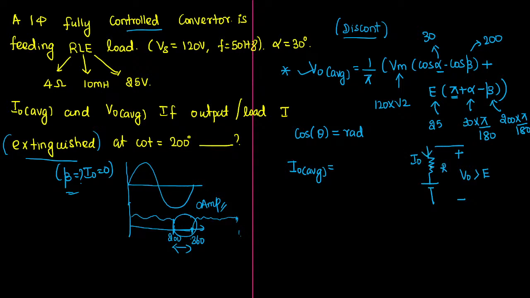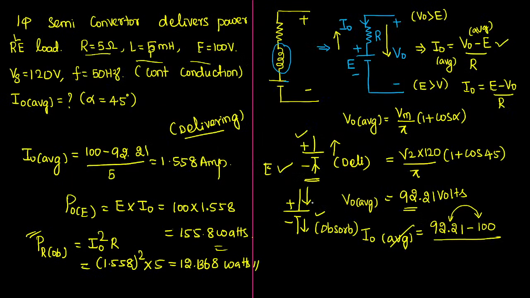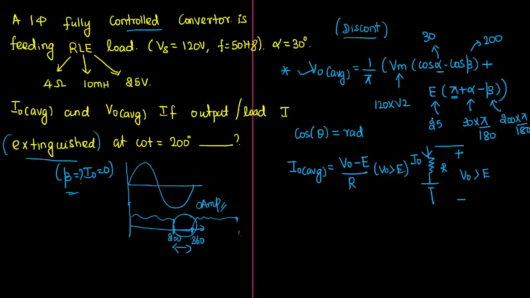I naught can be simply written as V naught minus E by R if the value of V naught is greater than E. Otherwise, in the last case, when we were solving the last question, what we saw, there are two cases. Suppose if the battery is delivering the power, then the direction, how will you write the output current? It can be written as E minus V naught by R. That's all.